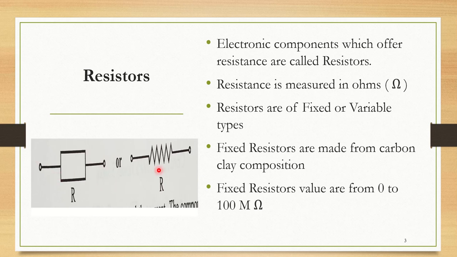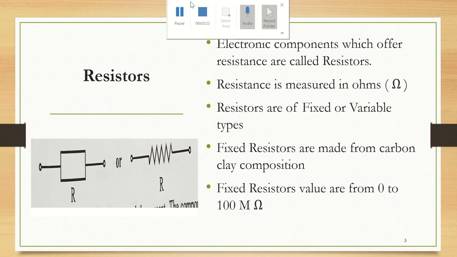Resistance is measured in ohms. Resistors are of fixed or variable types. Fixed resistors are made from carbon clay composition. Fixed resistor values are from 0 to 100 mega ohms.